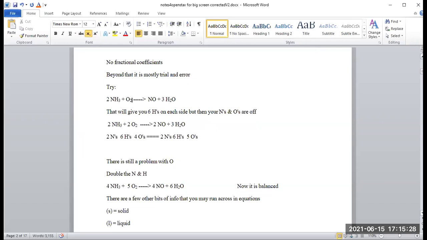So I ultimately decided that maybe it would work better if I used more of everything. Instead of having 6 H's, I went for 12 and put a 4 out in front of my NH3 and a 5 in front of my oxygen. Then I gave myself 4 NOs and 6 water molecules.